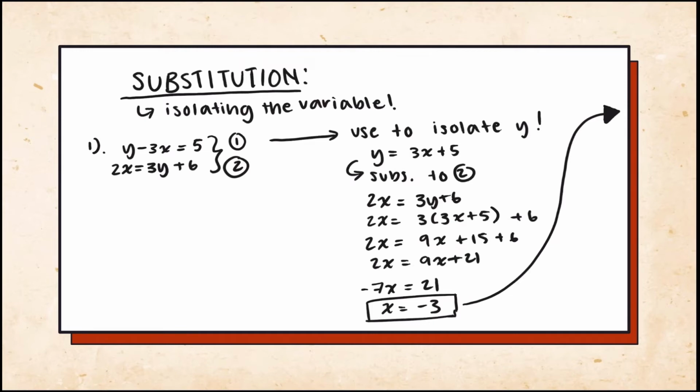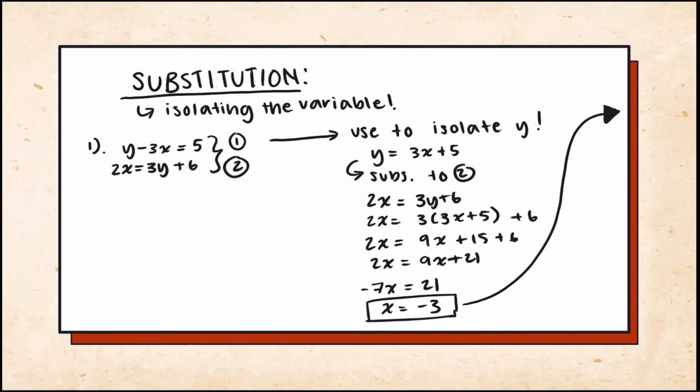So it will be 2x equals 3 times 3x plus 5 plus 6, which would be 2x equals 9x plus 15 plus 6. Add like terms to get 2x equals 9x plus 21. Then we can isolate x. So it would be negative 7x equals 21, and then finally dividing to get x equals negative 3.